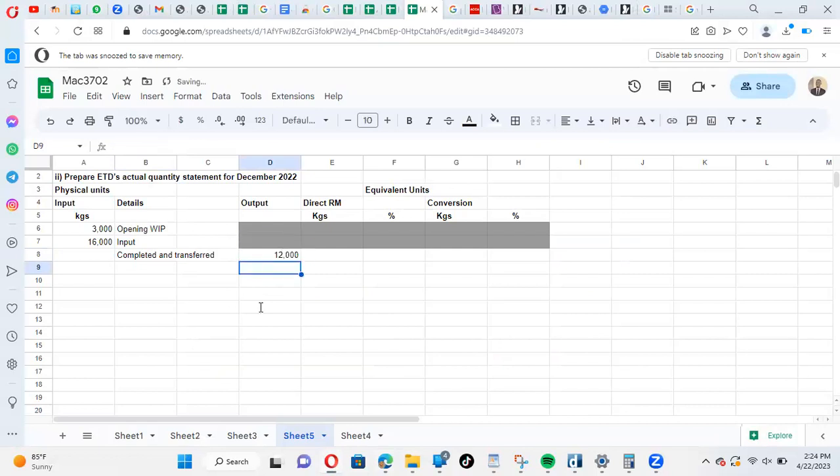So that should basically give us that 12,000 there. Under this method, it doesn't matter whether the 12,000 is coming from opening work in progress or what was newly put in here, that 16,000.